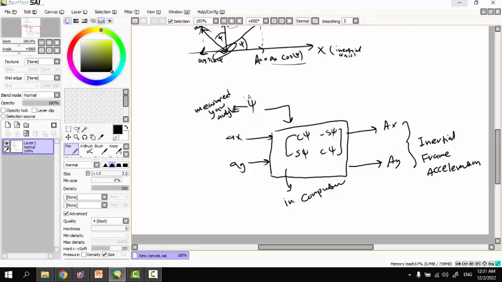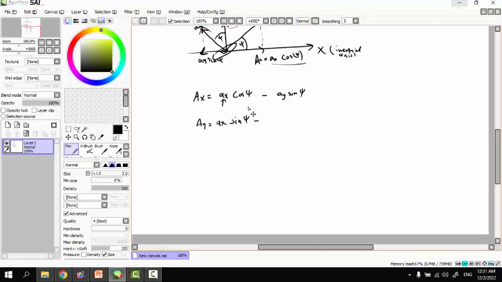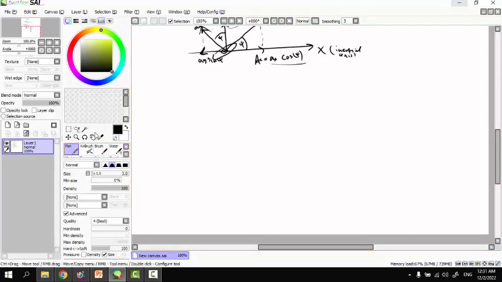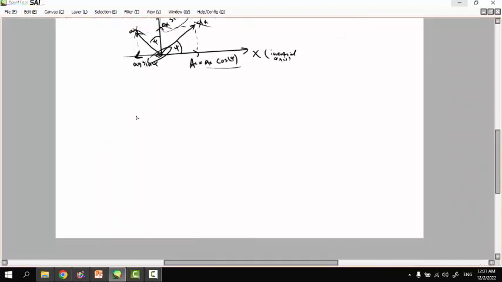Let's talk a little about this psi angle. We talked about some measurements like the accelerometer, but there's another sensor which we'll be using in this topic, which is the rate gyro or gyroscope.